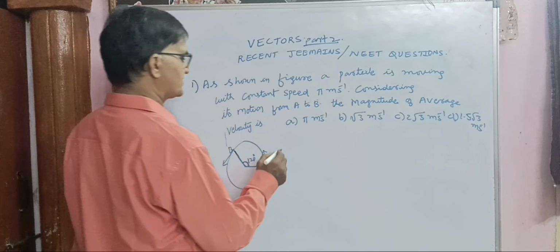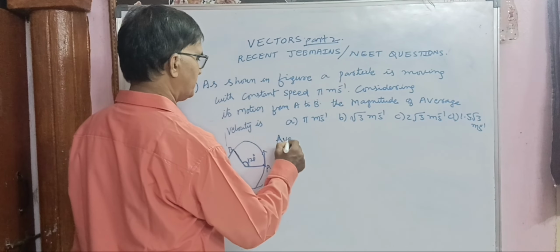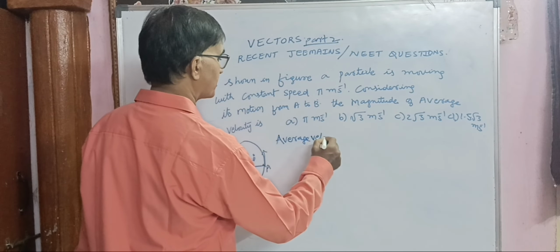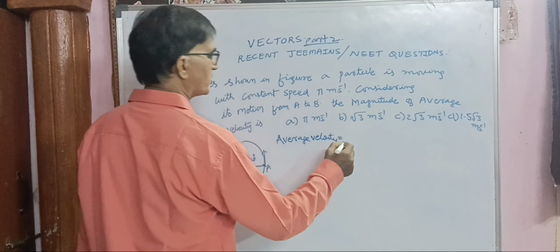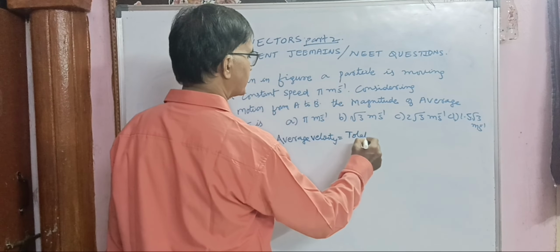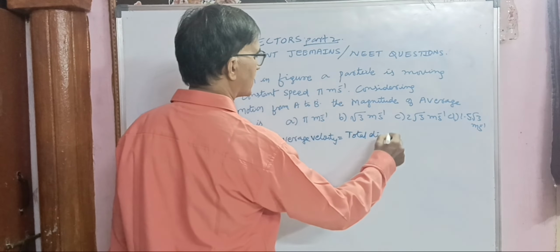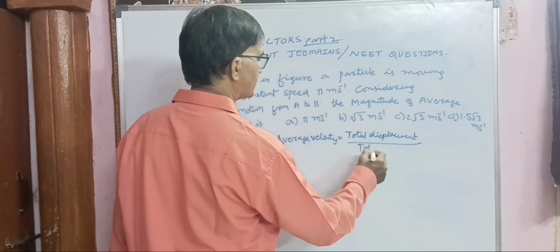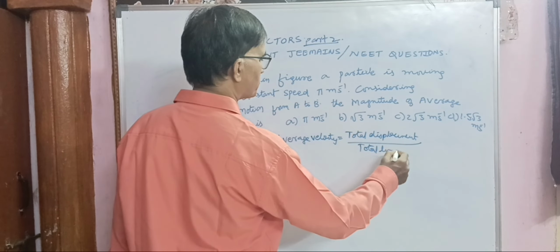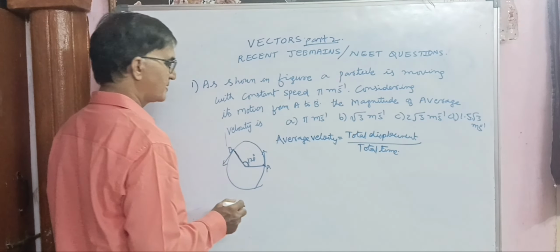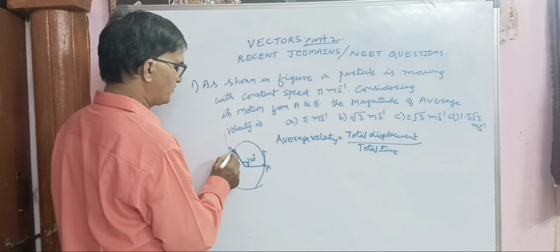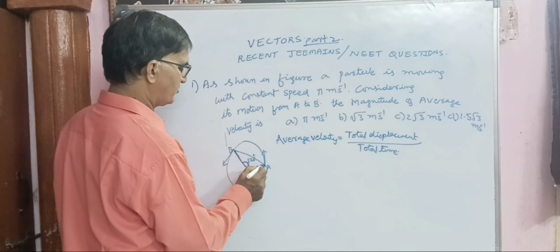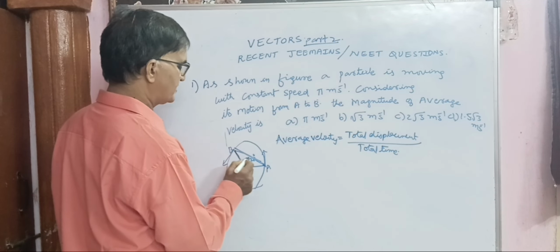What is average velocity? Average velocity can be taken as total displacement by total time. Now here, for this total displacement, if you draw a line like this, with 120 degrees, this line is the displacement.